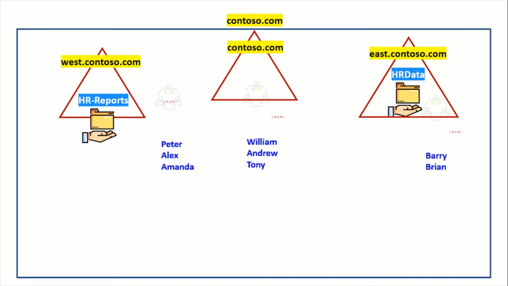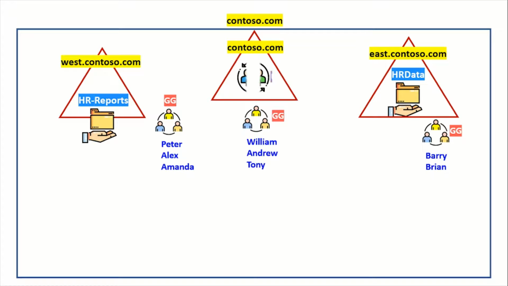So what we'll do is create global groups in every domain, and add the users from their respective domains to that particular global group. For example, we'll add Peter, Alex and Amanda in the global group which we created in west.contoso.com. We will add William, Andrew and Tony in the global group in contoso.com, and we'll add Barry and Brian as the members of the global group in east.contoso.com.